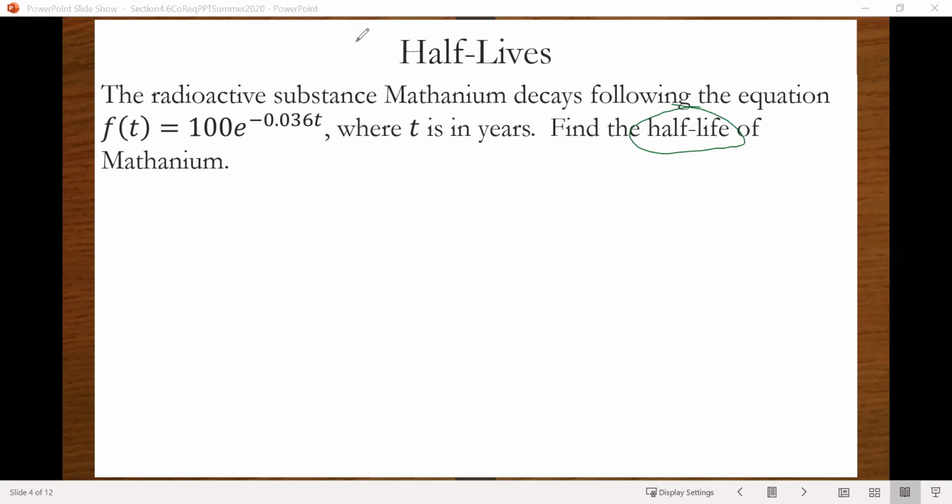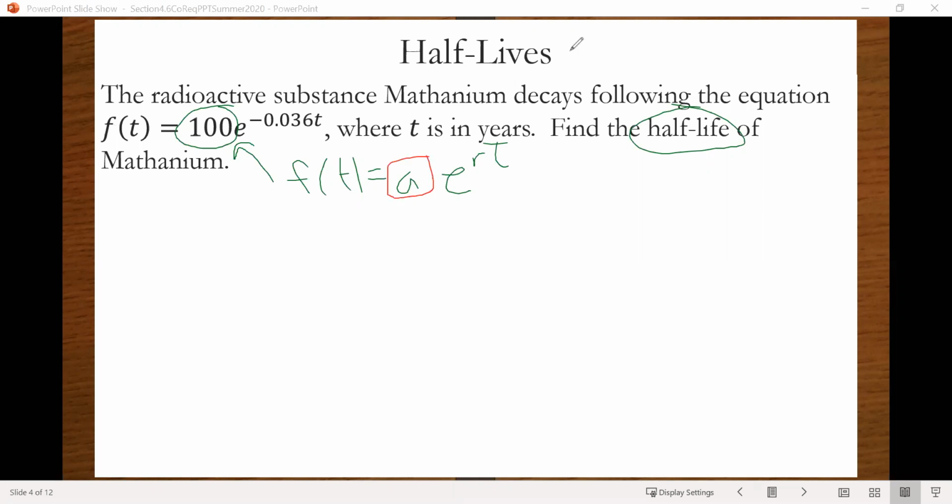But if we analyze our equation, we can get something from this 100. Notice it looks like we're dealing with continuous decay here, so this is something of the form f of t equals a times e to the rt. So that 100 is in the place of a.